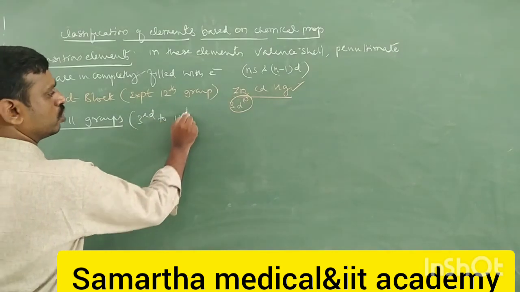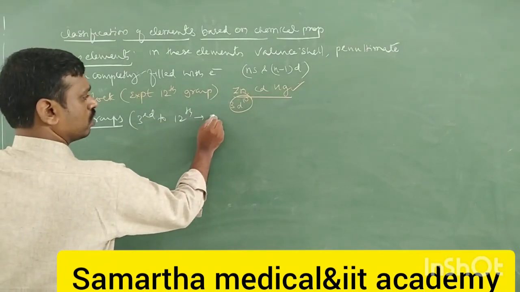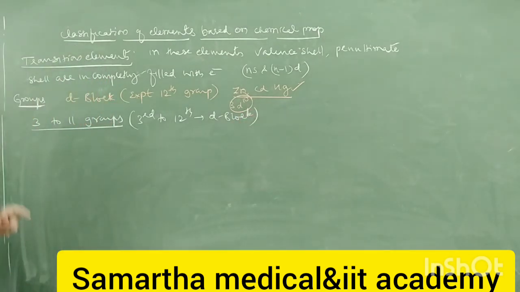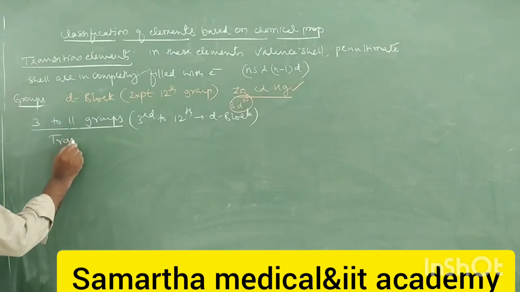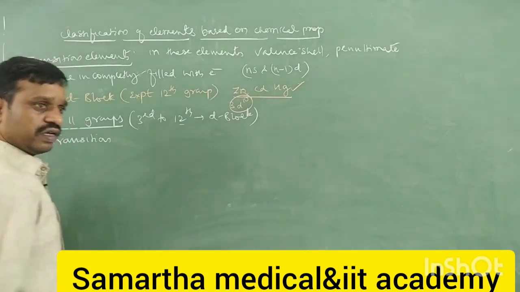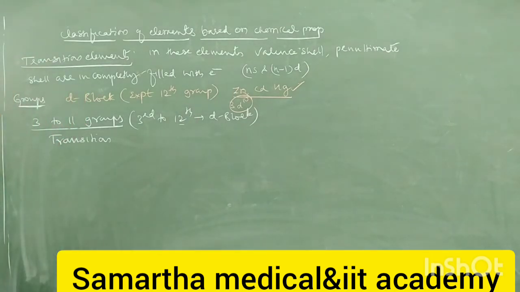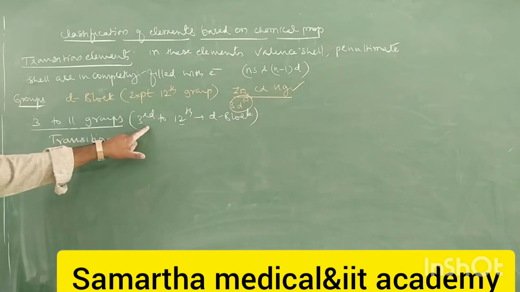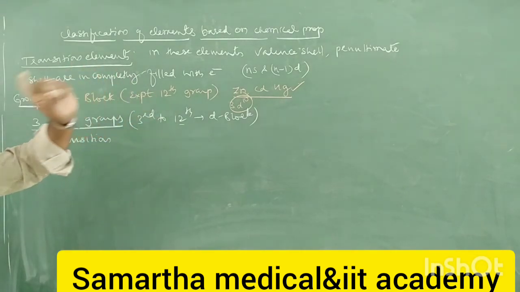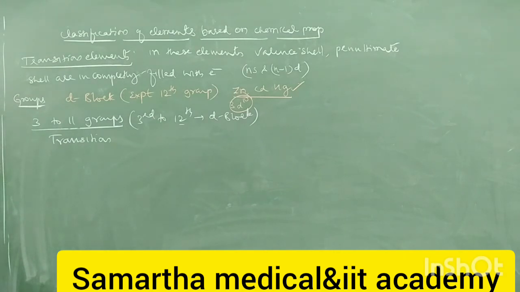The 3rd to 12th group elements are D block. Now can I say like this? All transition elements are D block, but all D block elements are not transition.